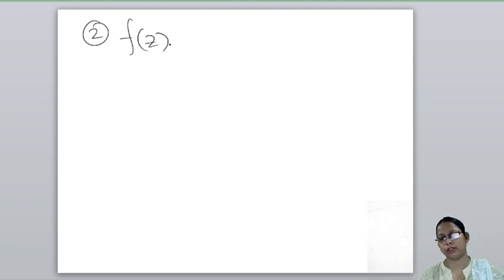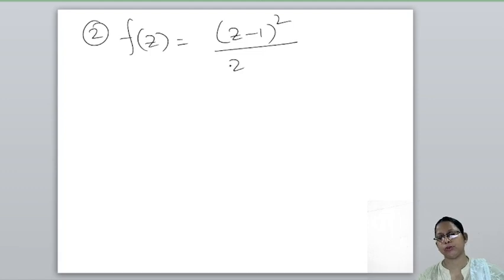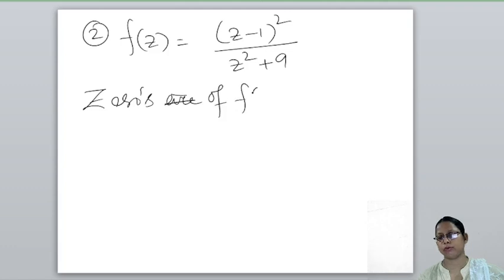f(z) equal to (z minus 1) whole square times z square divided by (z square plus 9). Again, zeros of f(z) are obtained by equating the numerator to 0.